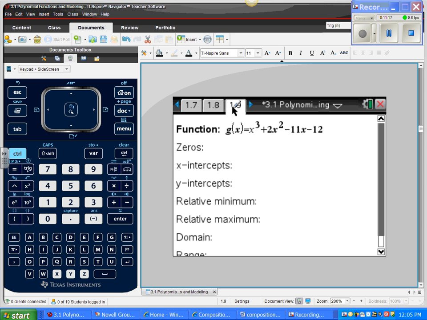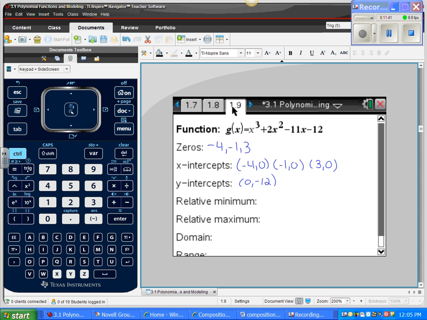Okay, my zeros are -4, -1, and 3. My x-intercepts are (-4, 0), (-1, 0), and (3, 0). My y-intercept was the point (0, -12).